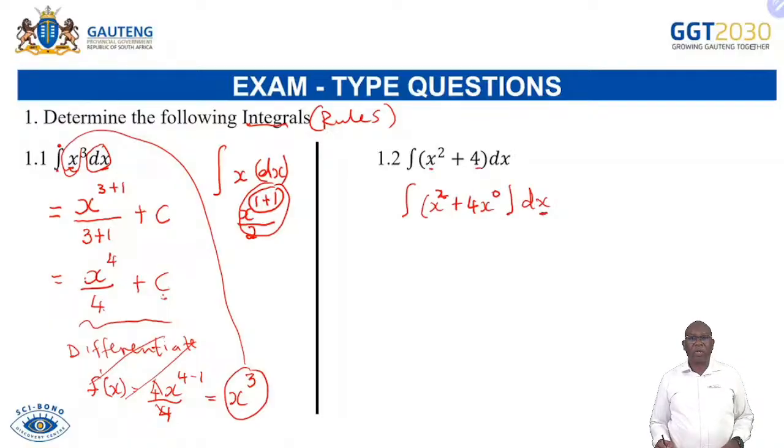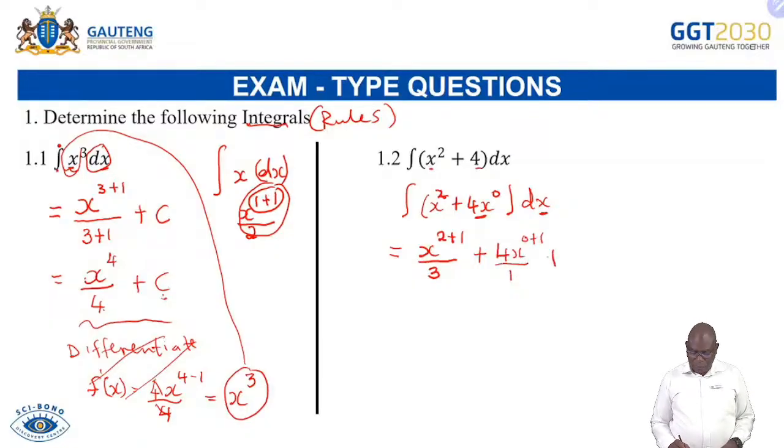Let me check this. Which letter am I differentiating? It's x. So now I'm going to say, this is going to be x to the power of 2 plus 1, divided by 2 plus 1, which is 3. Then I integrate the next one. So it will be 4x, 0 plus 1, and 0 plus 1 is 1.